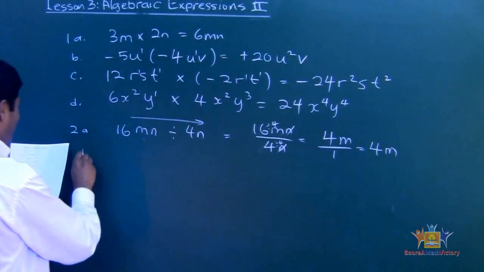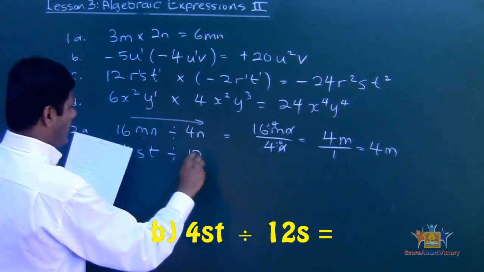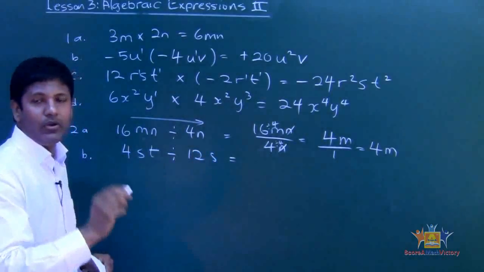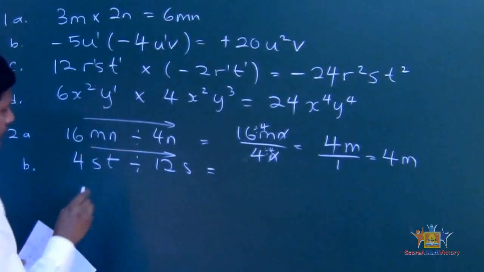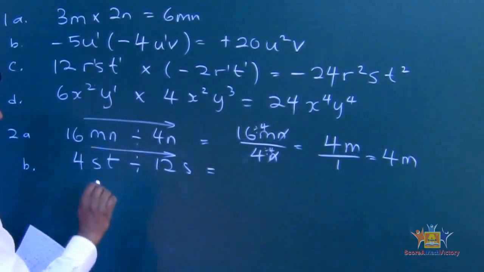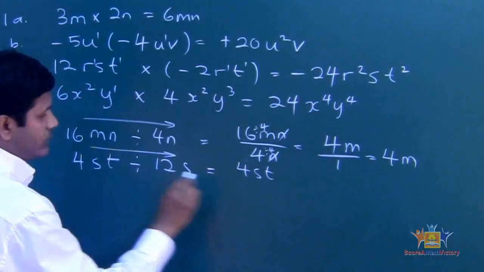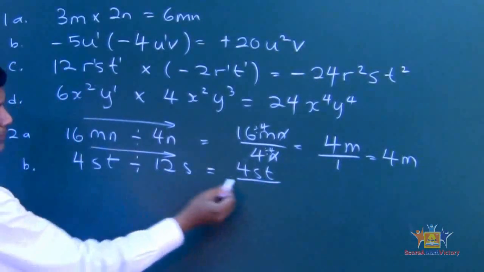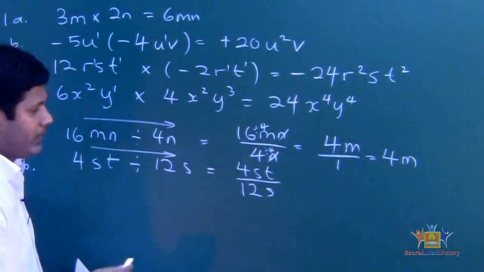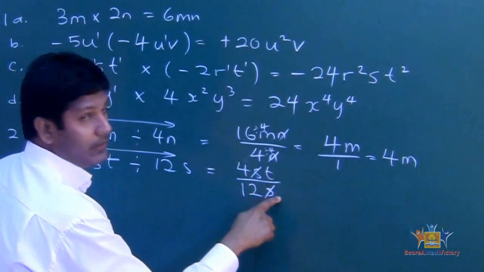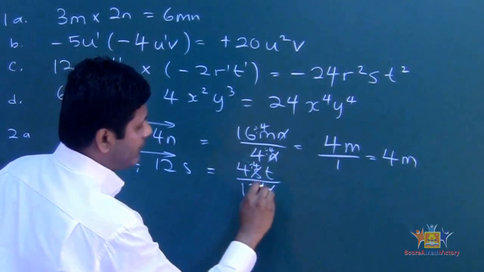All right, let's do B. B says 4st divided by 12s. Again, our goal is to express it in the form of a fraction. So we're going to use the right arrow method. We read exactly what it says from left to right. 4st, division becomes over. See that? You convert that into the form of over 12s. S cancels, t has nothing to cancel with. What about 4 and 12? I can divide this by 4, I can divide this by 4.